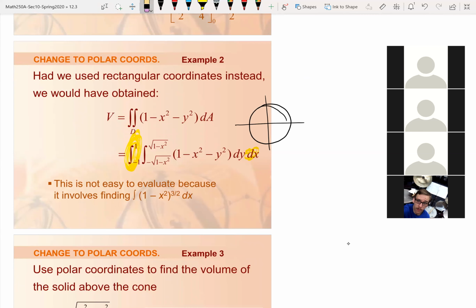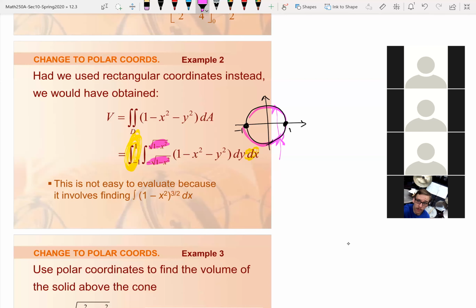So then this is just going to be from -1 to 1 for the x direction, and for the y direction it is going to be from here to here, which means you are moving from the negative piece of your circle to the positive piece of the circle.